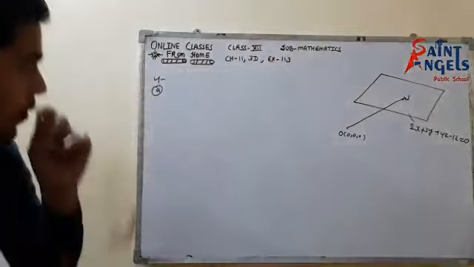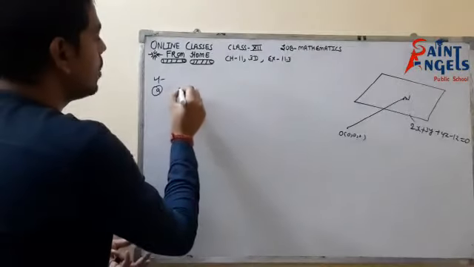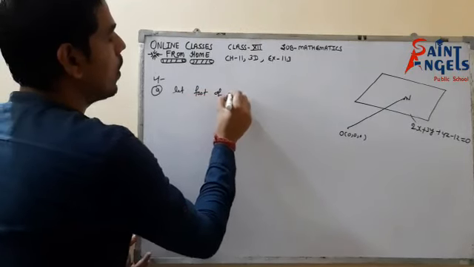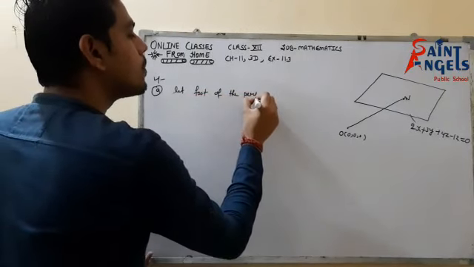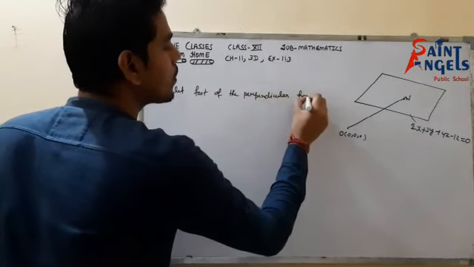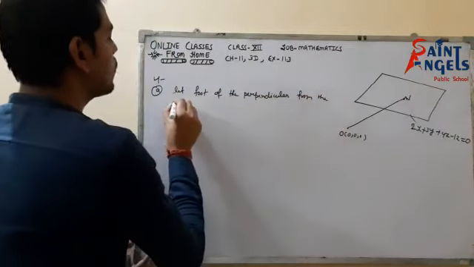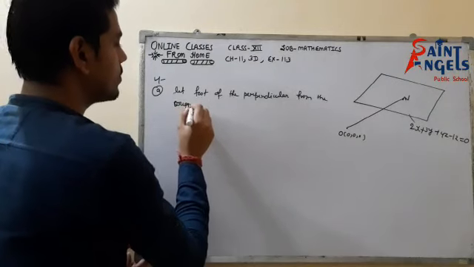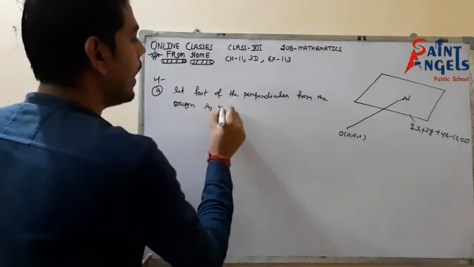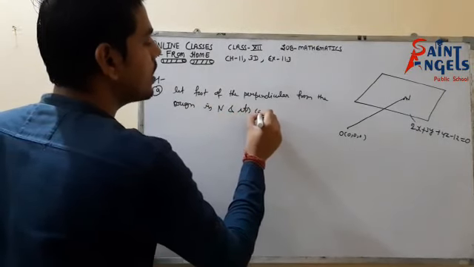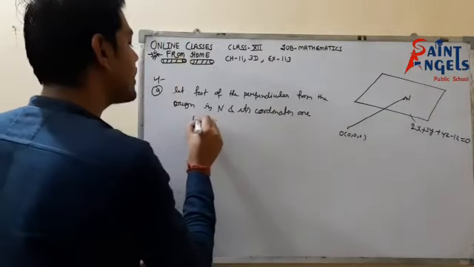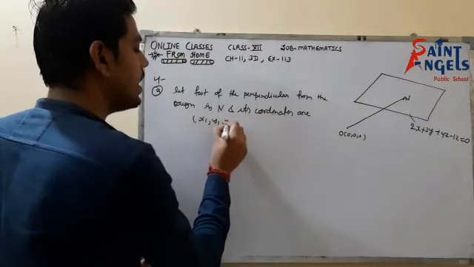First of all, let the foot of the perpendicular from the origin be N, and let its coordinates be x1, y1 and z1.